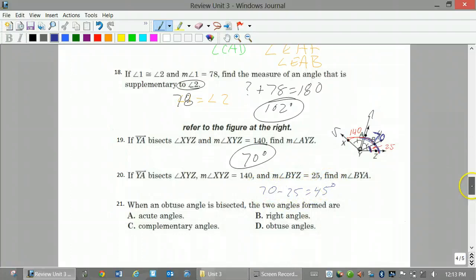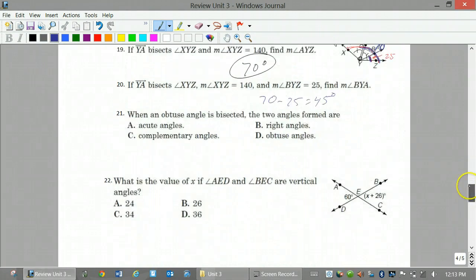Okay, next one. When an obtuse angle is bisected, the two angles that are formed, so you have a big obtuse angle right there, it's bisected, cut in half. Well, it means that they're going to have to be less than the obtuse angle.